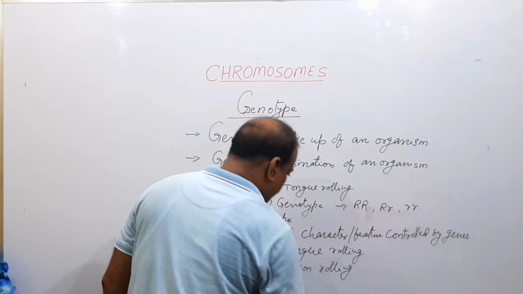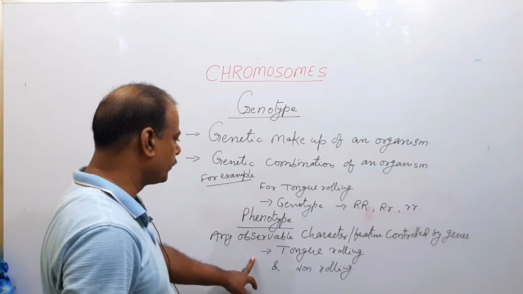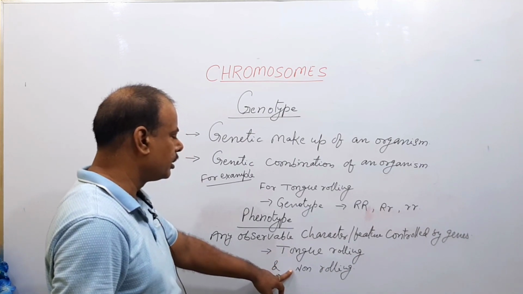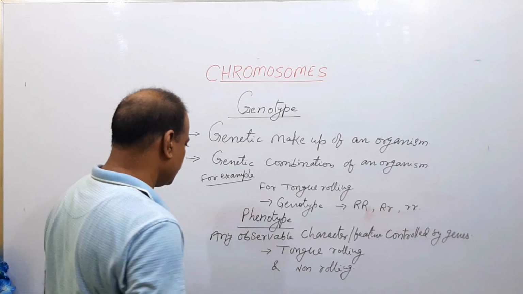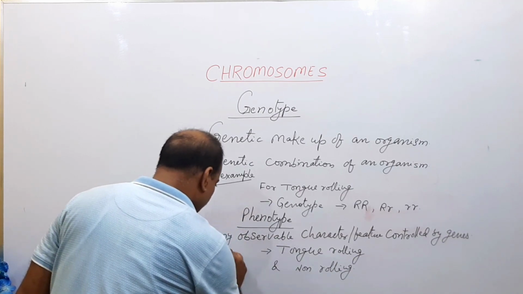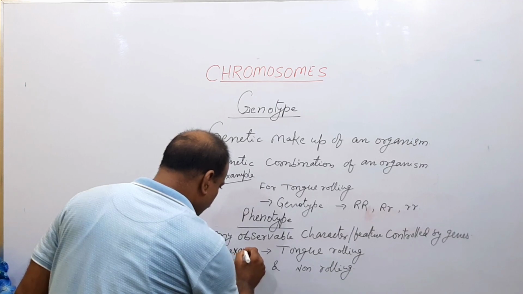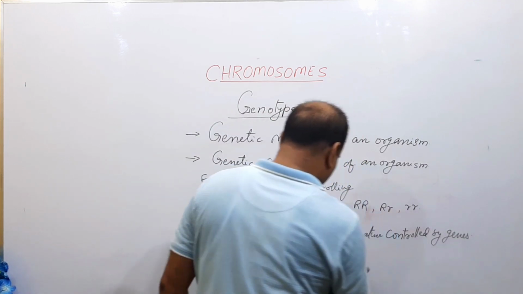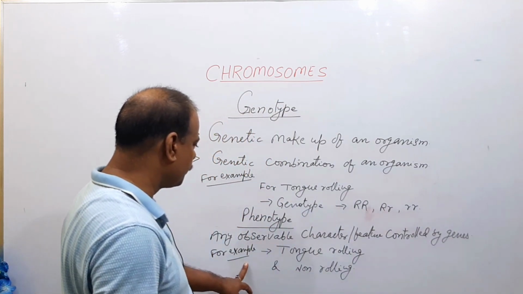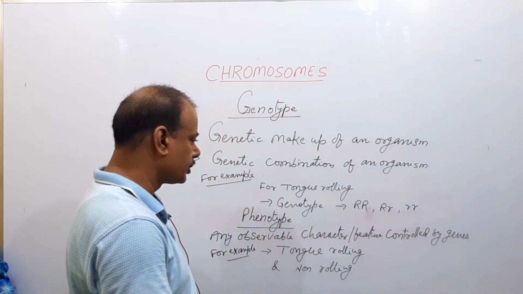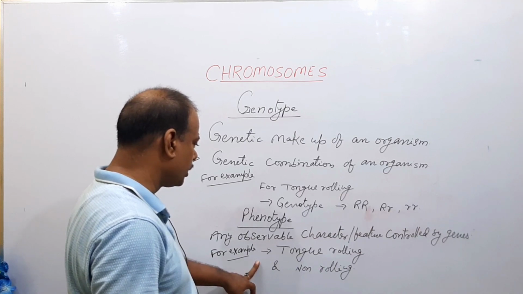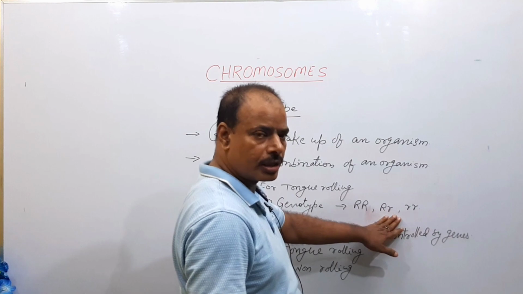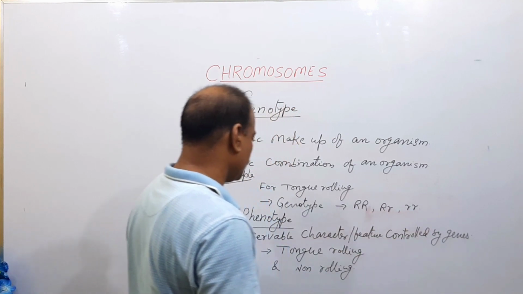So these are the two different types of phenotype which are controlled by genes, and therefore here tongue rolling and non-rolling are the two alternate features or phenotypes which are controlled by either capital R capital R, capital R small r, or small r small r.